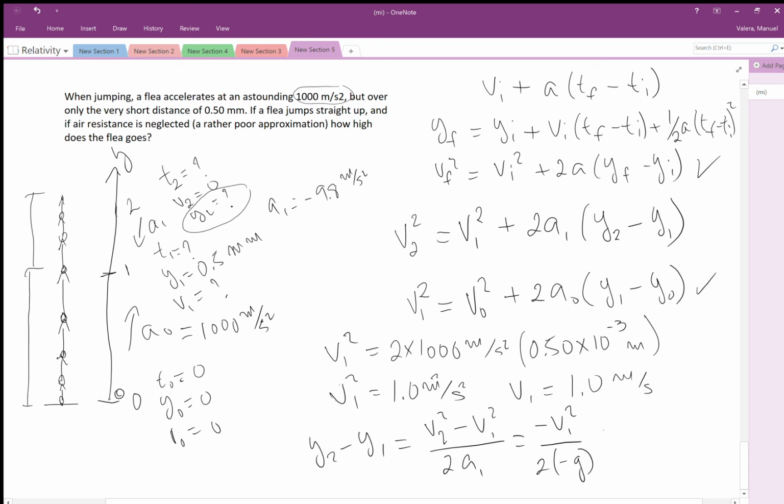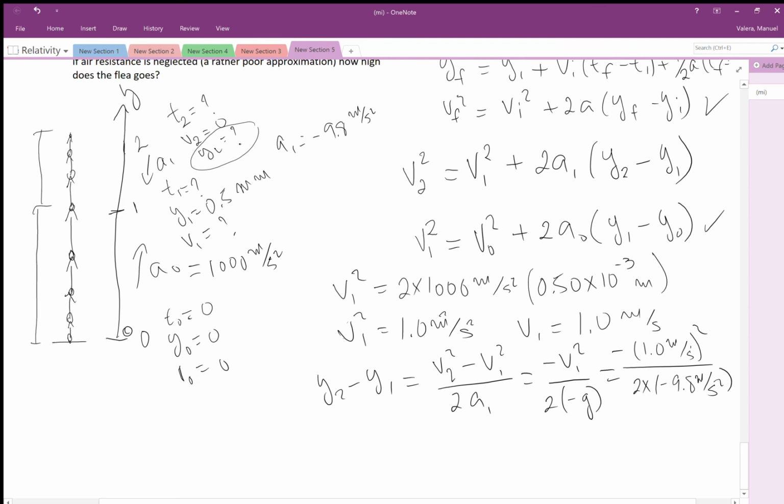Then I can put the numbers in there, and I get minus 1.0 meters squared per second squared divided by 2 times minus 9.8 meters per second squared. And then I can solve for this, and I get a value of y2 equal to 5.1 times 10 to the minus 2 meters, which is equal to 5.1 centimeters. That's how high it jumps.